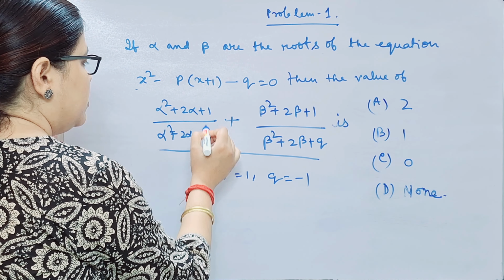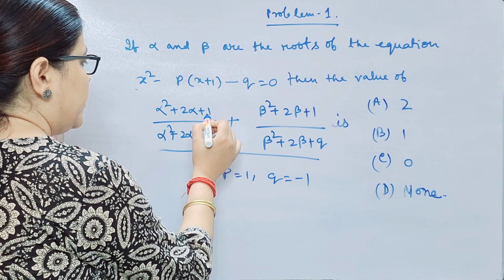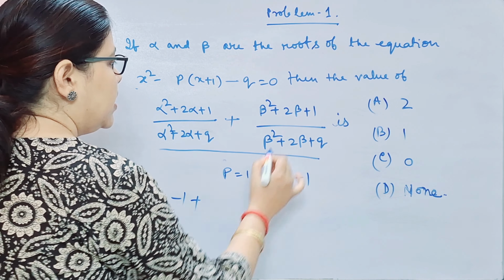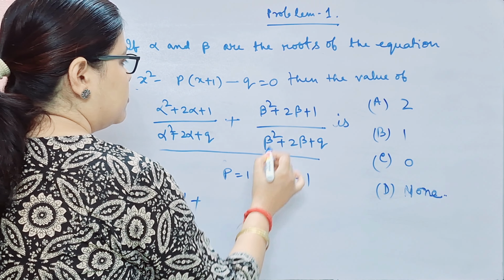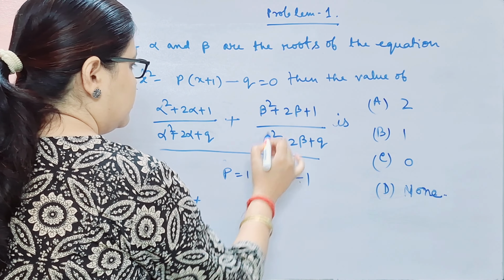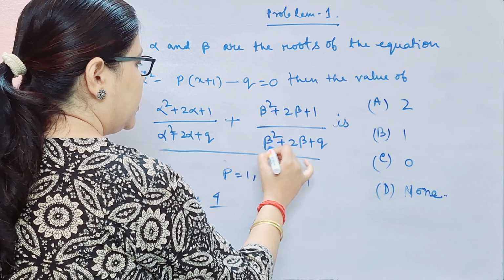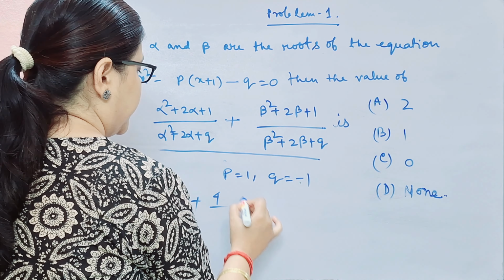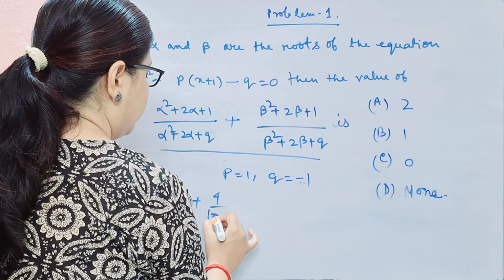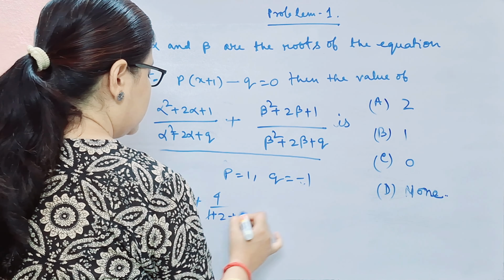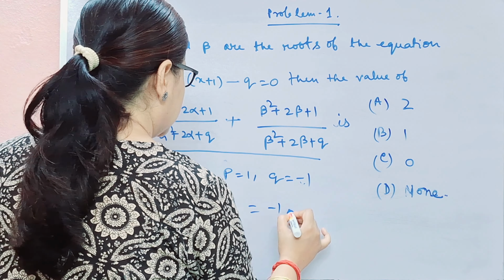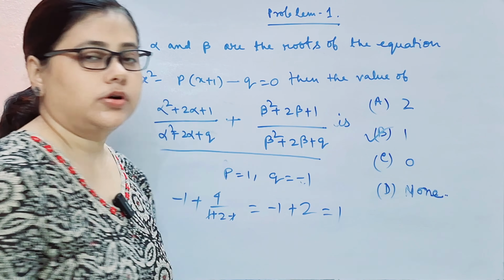In that case there will remain only 1 by q and q equals to minus 1, so this is minus 1 ultimately, and there will be beta equals to 1, so there will be 1 plus 2 plus 1 means 4 divided by 1 plus 2 plus q, q equals to minus 1, 1 plus 2 minus 1, so there will be minus 1 plus 4 divided by 2, that is 2, there will be 1. So B is the correct option.